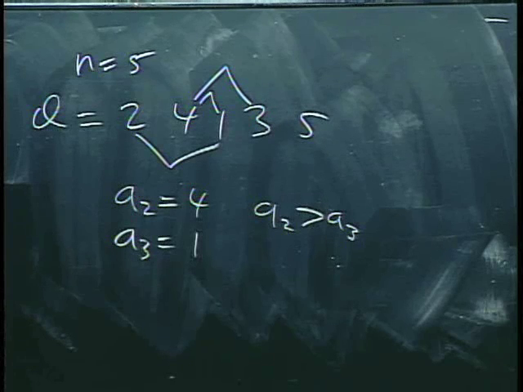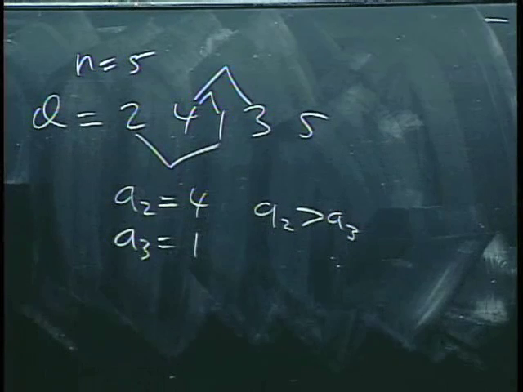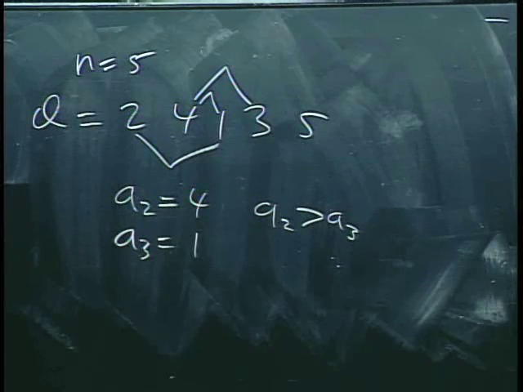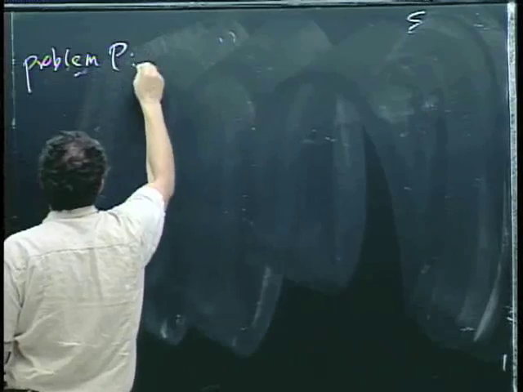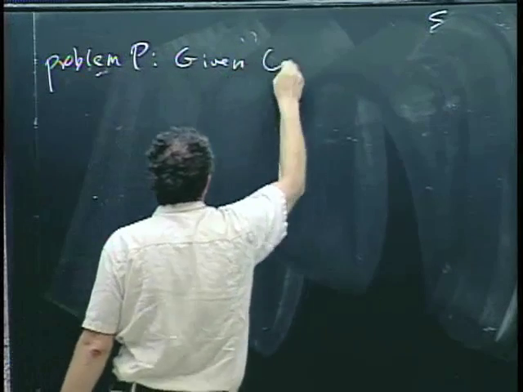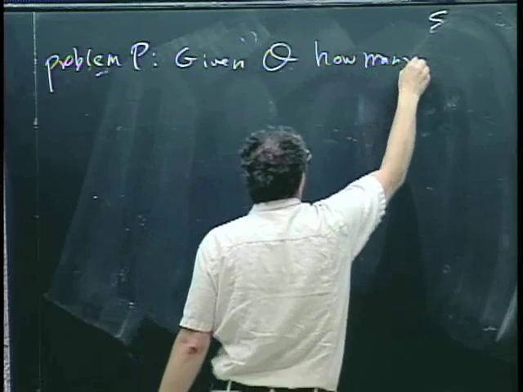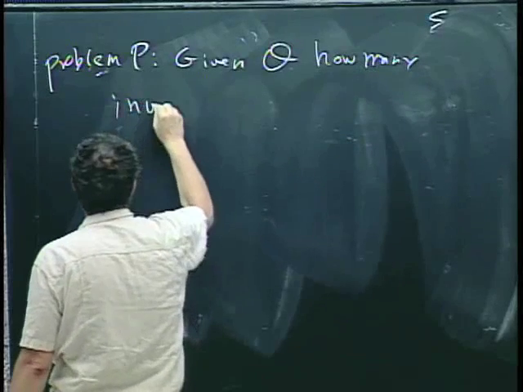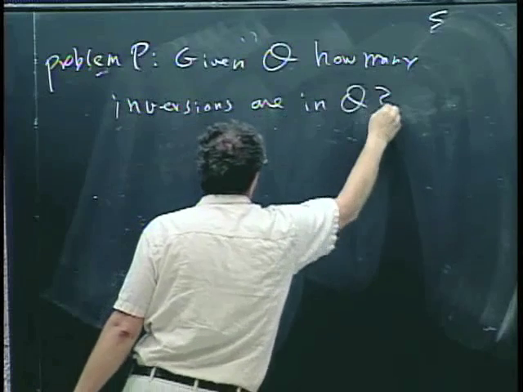Okay? So the general question is, given a permutation of n integers, how many inversions are there? We want to count the number of inversions. So here's our problem P. Given the permutation, how many inversions are in that permutation?